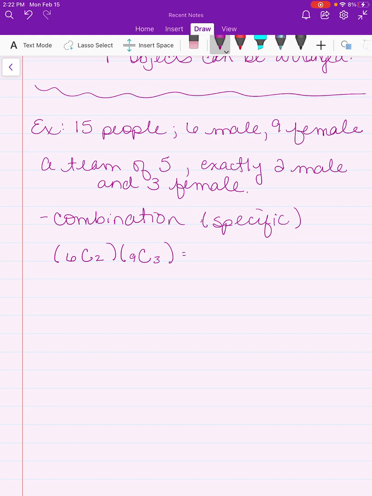So I have 6 things selected 2 at a time times 9 things selecting 3, and that gives me 1,260. If this had been a situation where you would need the order to matter, like they were holding specific offices, then you would have to do permutations instead of combinations.